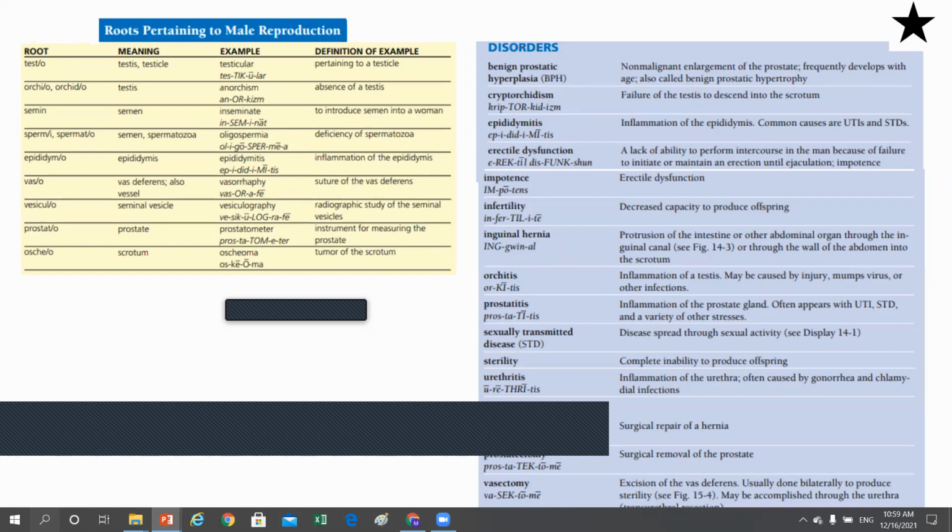So herniation is protrusion or coming out of the abdominal cavity. A normal structure, for example a part of our intestine or any internal organ, if it is pushed through the inguinal region, then we will call it inguinal hernia. If it is pushed out through the umbilicus, we will call it umbilical hernia.